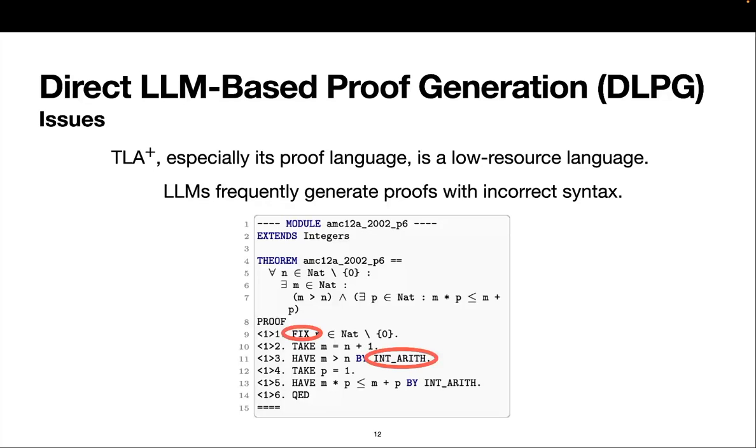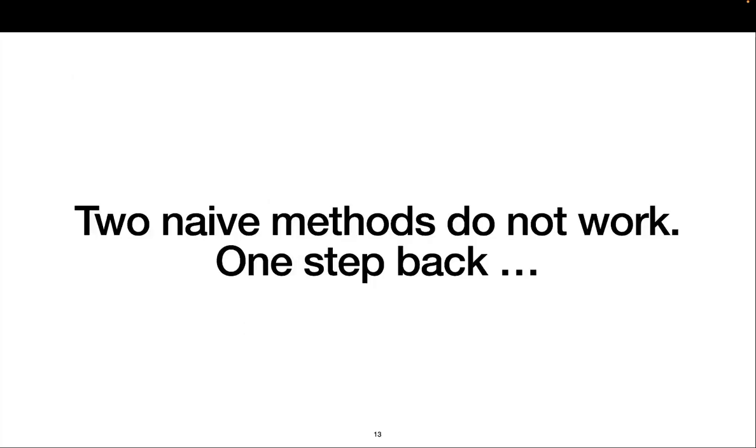The feedback loop in DLPG can help, but it is not enough to overcome this problem. So now, both naive methods do not work well. The obvious one cannot handle complex theorems, and DLPG struggles with the syntax errors.